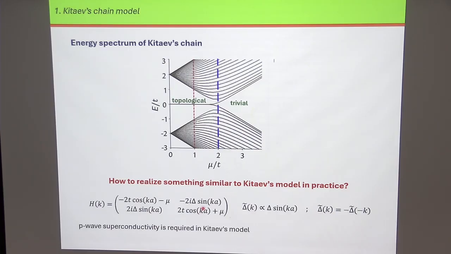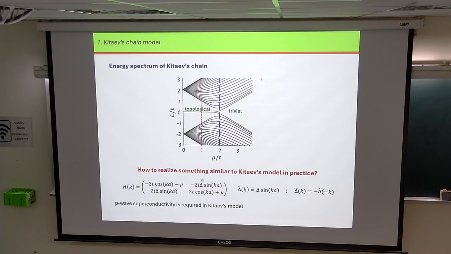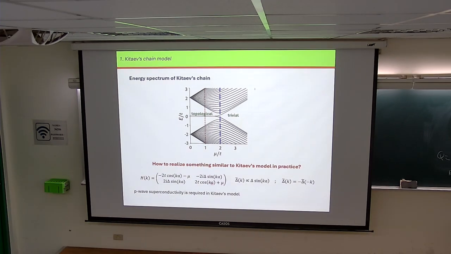What else will I need? Well, I need something that will link this spin to the momentum, because you see, I don't have a delta that depends on momentum in my system. So you can actually gauge out this momentum dependence and put it on the other elements.